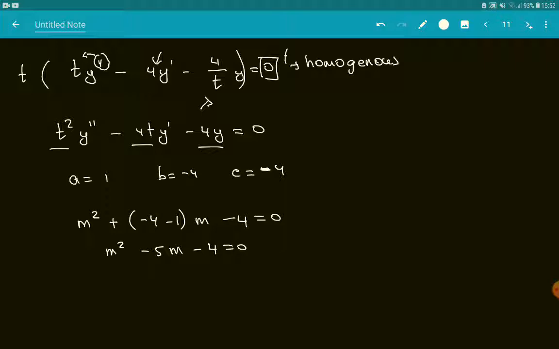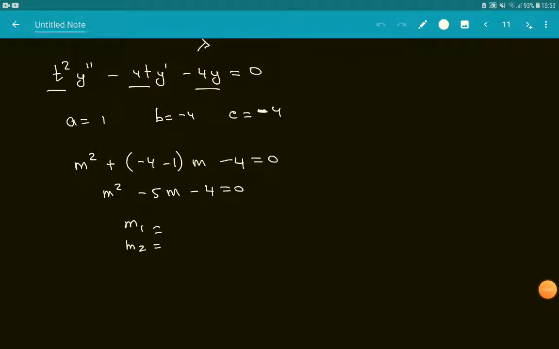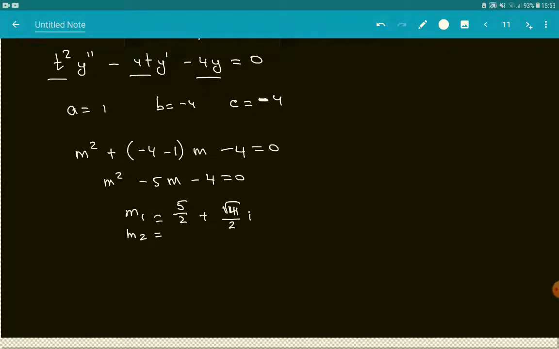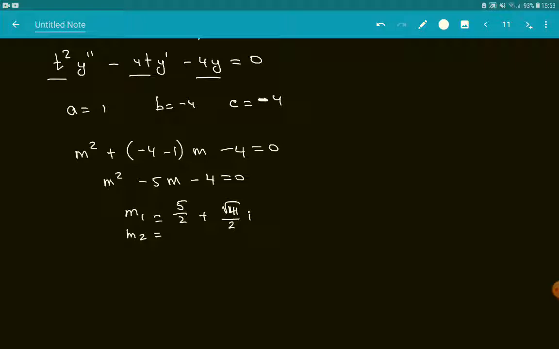Okay, so we need to find the roots. What is m1 and what is m2? For the roots, m1 is equal to 5 over 2 plus square root 41 over 2.